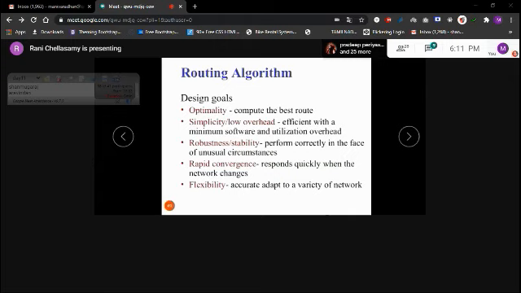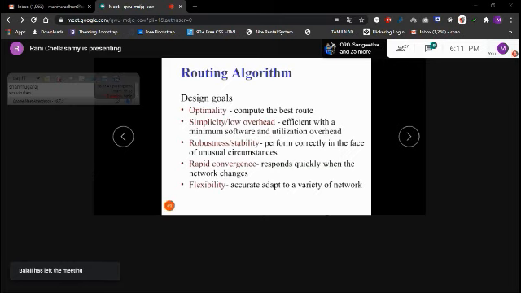So what are the routing metrics to be followed? Maybe hop count, maybe distance, and throughput. Throughput means how fast you are getting the response. And delay in the transmission, error rate, cost. So these are the routing metrics.